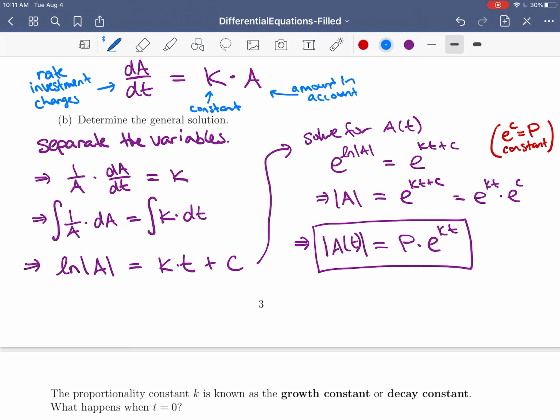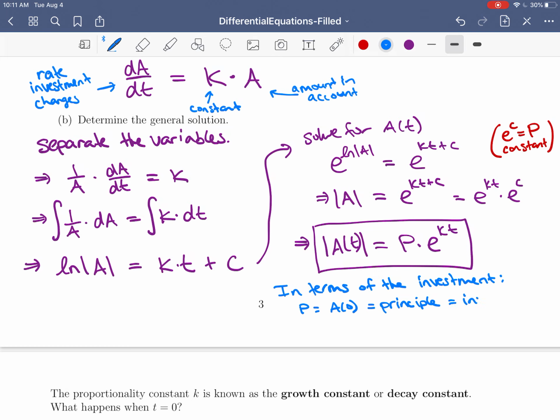Now in terms of the investment, P ends up being a of 0. If I plug in t equals 0, this is what we call the principal, if you've done any finance.